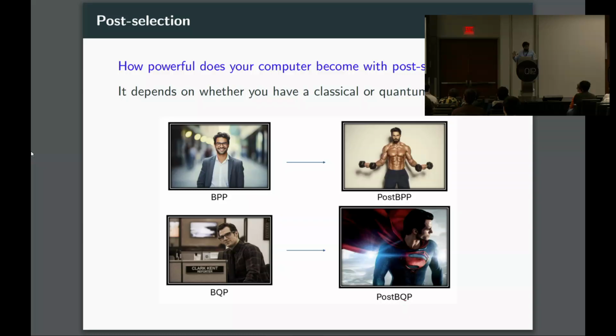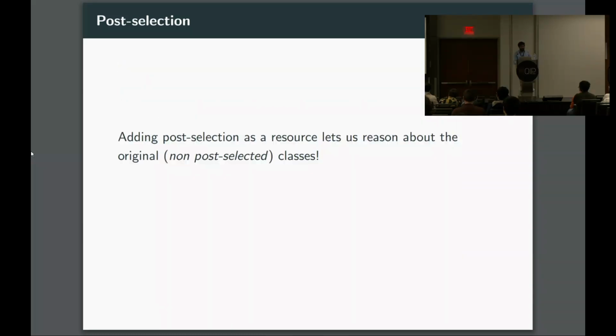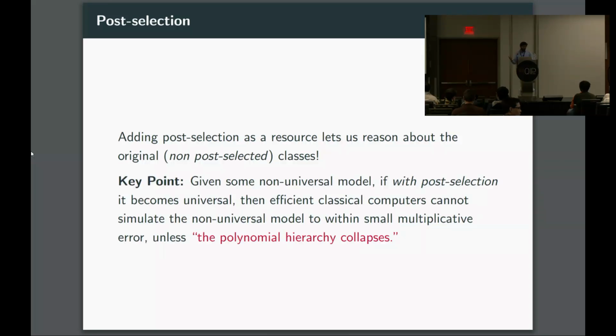Of course, this is a very loose way of talking about it. But the upshot that I want to communicate is that using post-selection as a resource lets you reason about the non-post-selected classes, and this turns out to be very useful for us. The key point is that if you're given some non-universal model, but with post-selection it becomes universal for quantum computation, then there's a very standard complexity argument that shows that efficient classical computers cannot simulate this non-universal model to within small multiplicative error unless the polynomial hierarchy collapses.